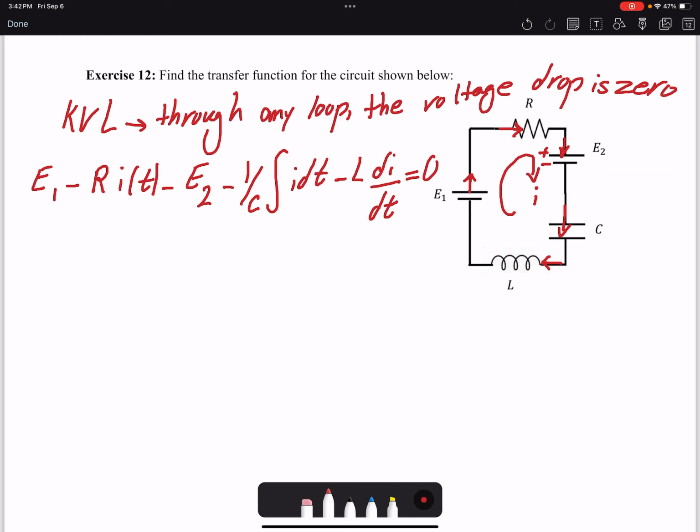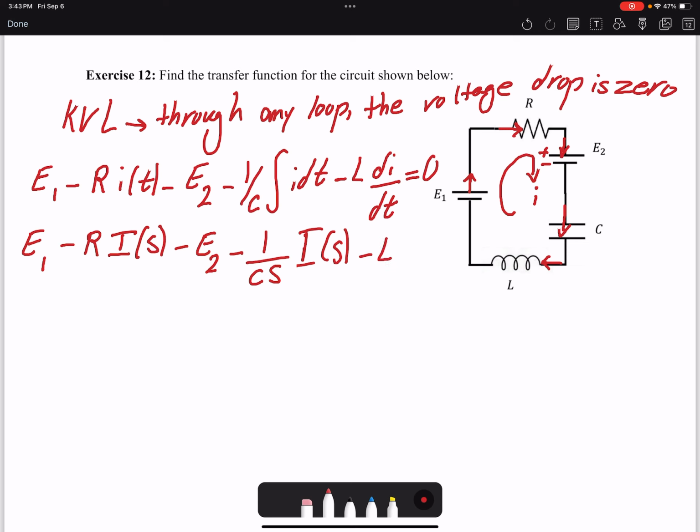If I take a Laplace of the equation above, I will have E1 minus R I(s), where t is changed to s, minus E2. The integral will give me s in the denominator, minus 1/(Cs) I(s), minus Ls I(s).